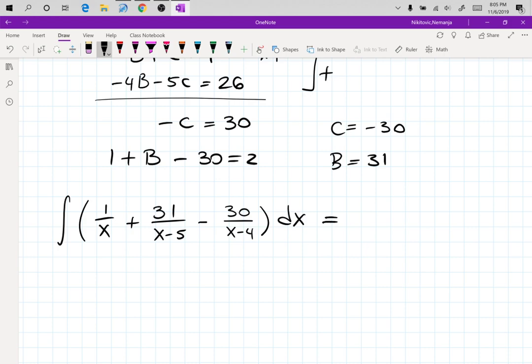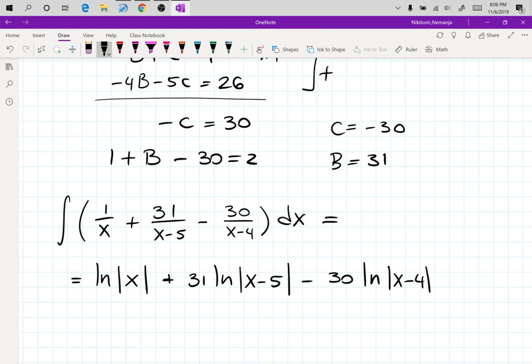So now integrate all of these. If you don't know them by heart, then you have to do u-sub, but by this time you should know that when you have a number divided by the linear term, it's just ln. Plus 31 ln of the absolute value of x minus 5 minus 30 ln of the absolute value of x minus 4 plus constant c, and that's the end of the problem.